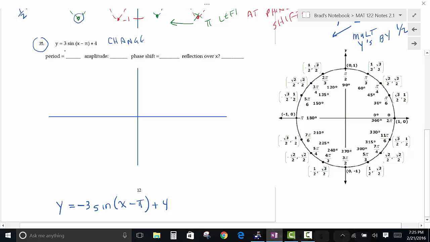Okay, so what I want to have on this is a period of 2 pi, an amplitude of 3. You're going to have a phase shift of pi to the right, and now this time you are going to have a reflection. I want to make sure that you guys can handle that okay. Then what I want to see is you also have this up 4 thing as well.